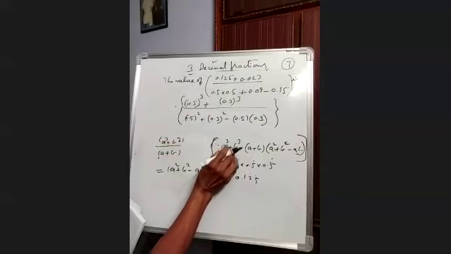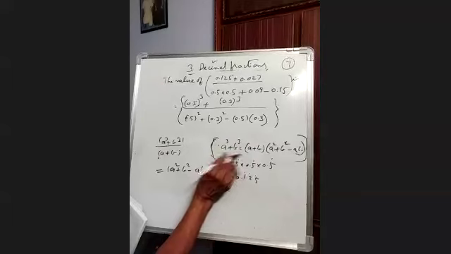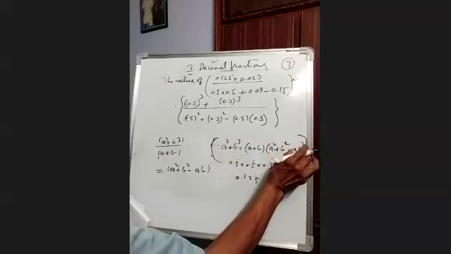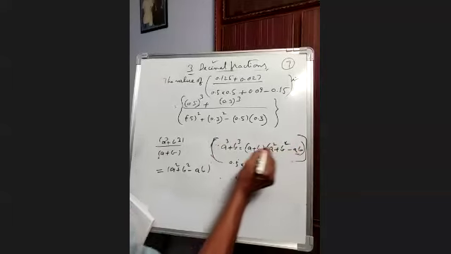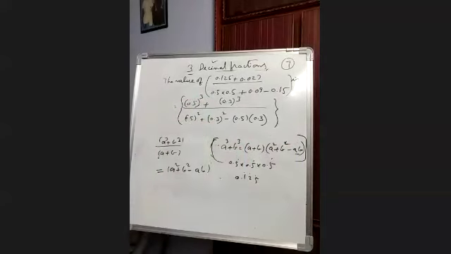This will be the denominator. A cube plus B cube by A plus B is equal to A square plus B square minus AB on the right side. So A cube plus B cube by A square plus B square minus AB.